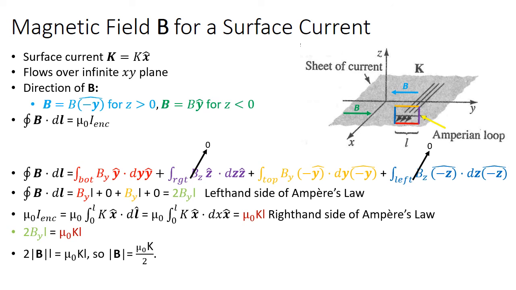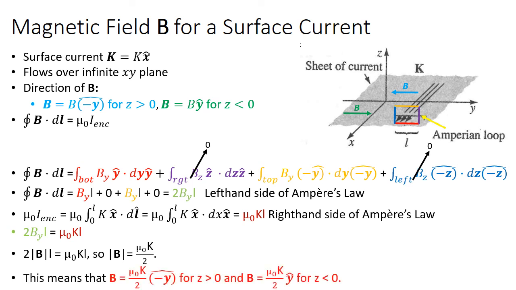They're of the same magnitude. So B_y is just the magnitude of the magnetic field. And so we can substitute in the magnitude, and we get an expression from Ampere's law for the magnitude of B. It's mu 0 times K, the surface current density, divided by 2.